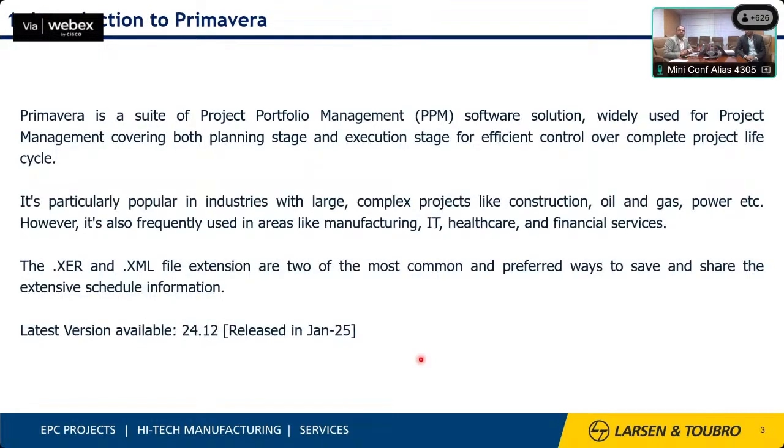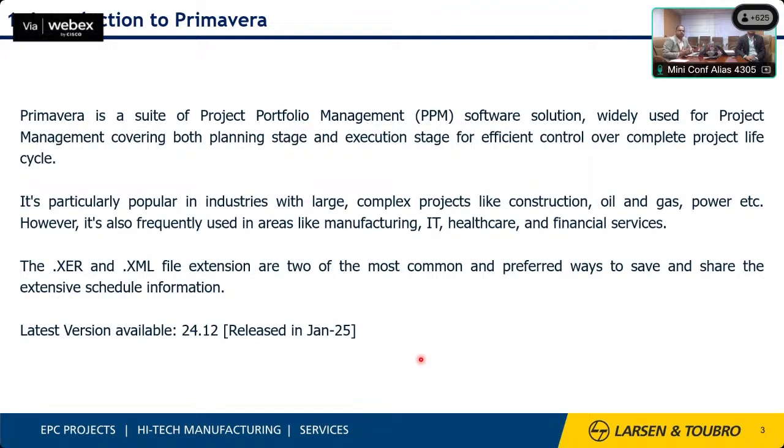The introduction of Primavera: this is the best project management software available in the current market. Throughout the world, Primavera is one of the leading software for project management, which is used for all kinds of projects, including infrastructure, oil and gas, power, and even manufacturing, IT, and healthcare.